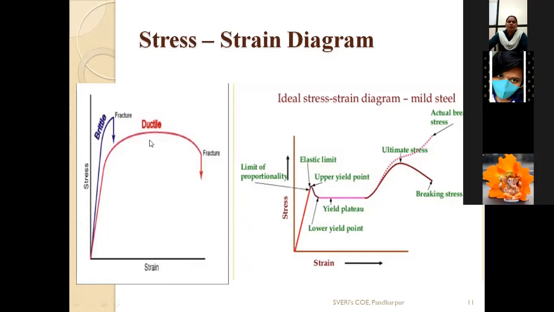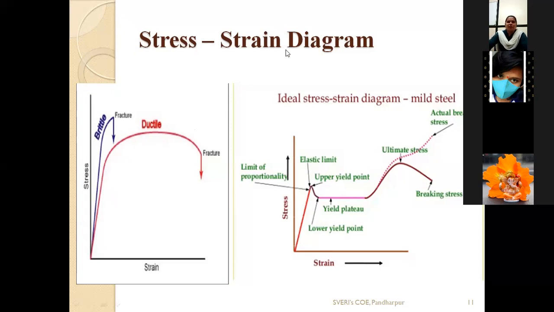Ductile means the ability of a material to be drawn into thin wires without failure. So rubber is a ductile material, steel is a ductile material, and brittle material means the material which fails suddenly without giving any indication or without giving any warning. This material is called brittle material. So concrete is a brittle material, glass is a brittle material.